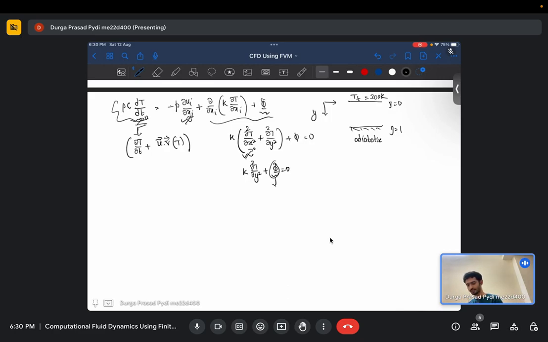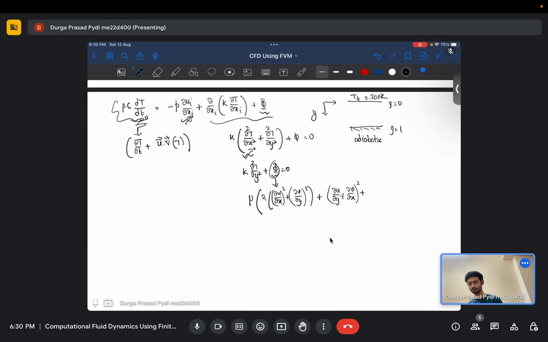This viscous dissipation term, if you recollect, we have something like 2 times del u/del x square plus del v/del y, I'm just writing for a 2D case, plus you also have del u/del y plus del v/del x square, and the remaining terms like del u/del z.